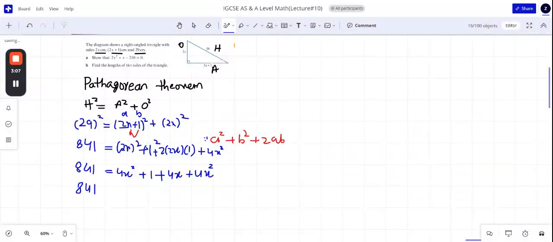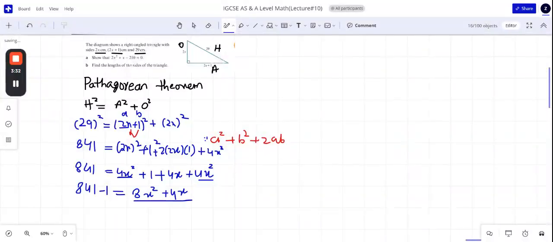The constant 1 we shift to the other side, so it becomes minus 1. The 4x squared plus 4x squared is 8x squared plus 4x. After that we rearrange the terms: 841 minus 1 becomes 840.